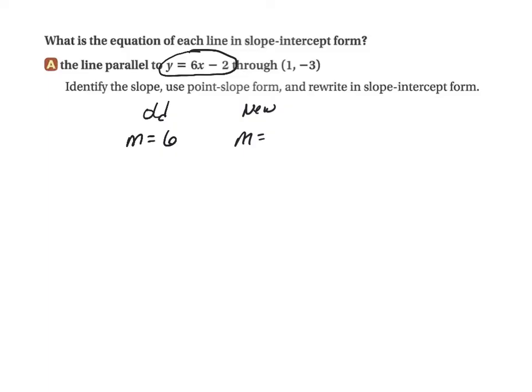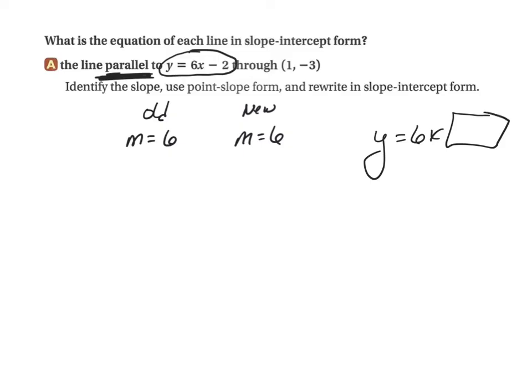In this case, it's 6. If it's not written in y equals mx plus b, I would suggest solving for y to figure out what the slope is. So this said parallel, right? Well, parallel is the same slope, so I need to put the 6 over here. So we have our slope. I know that it's going to look like this. When I'm done, it's going to be y equals 6x, and then I'm going to fill in the rest of it over here, all right?